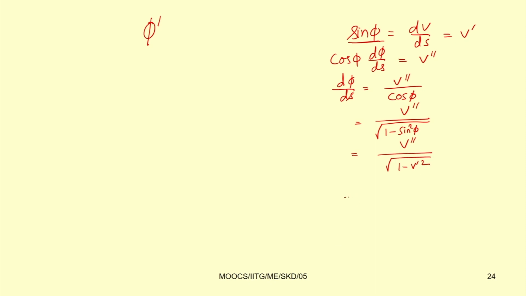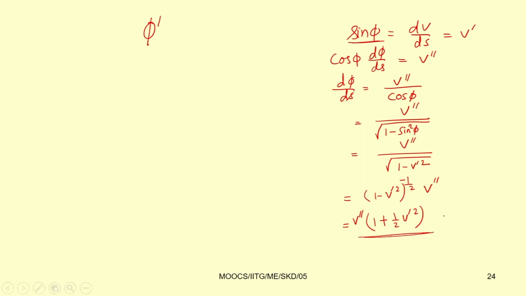So, we can write this as 1 minus v dash square to the power minus half into v double dash. By expanding this binomially, we get d phi by ds as v double dash into 1 plus half v dash square.